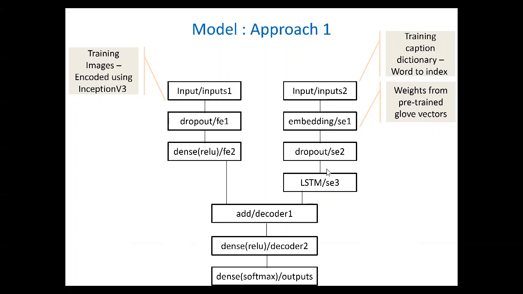So we had an input layer which had the word to index of the training captions dictionary. Then we had the weights from GloVe vectors, then dropout, and an LSTM, long short-term memory layer. And then we had the decoder layer. The first layer was just adding those two. And then a dense layer with a ReLU activation as decoder 2. Then finally a dense layer which had the softmax activation. So this was the model for approach 1.